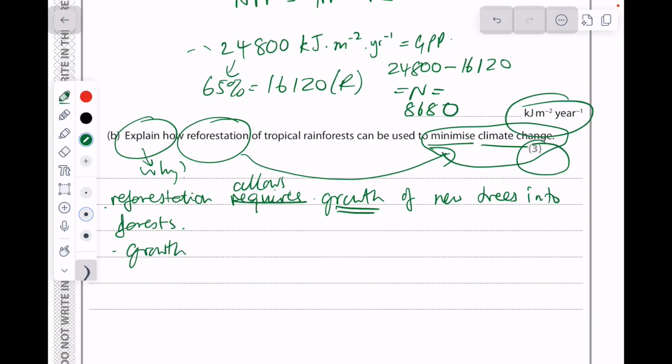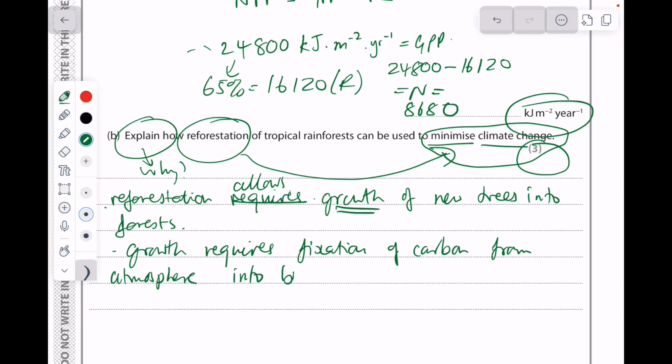Growth requires fixation of carbon from atmosphere into the biomass of trees, growing trees. Okay, growth requires fixation of carbon from atmosphere into the biomass of growing trees due to photosynthesis.